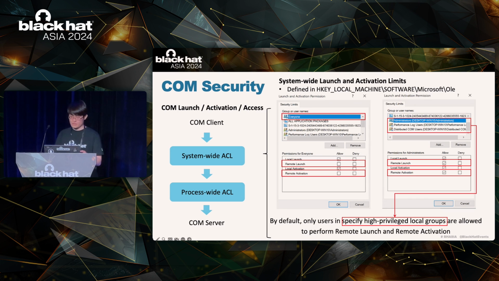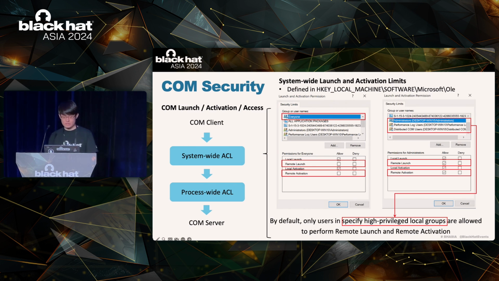There are two types of ACLs here, the system-wide ACL and the process-wide ACL. These ACLs define restrictions on COM launch, activation, and access. When a COM client launches, activates, or accesses a COM object, the client needs to pass the system-wide ACL first, and then pass the process-wide ACL.